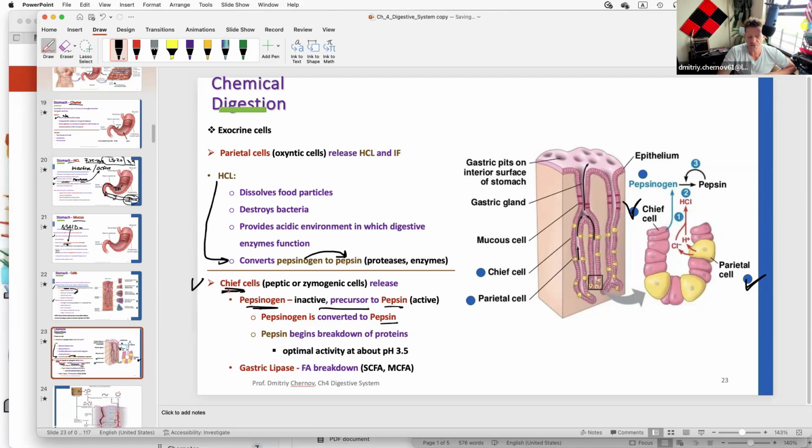So the chief cells make sure that the pepsin will be released, and the hydrochloric acid helps to release an enzyme that will start digesting proteins.